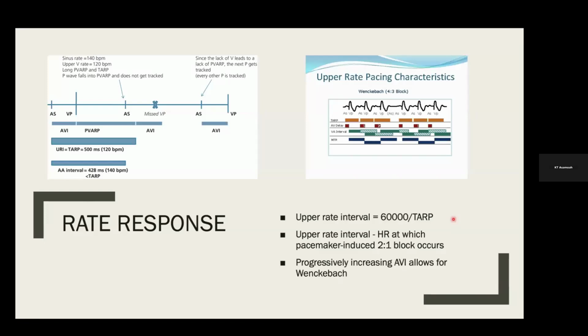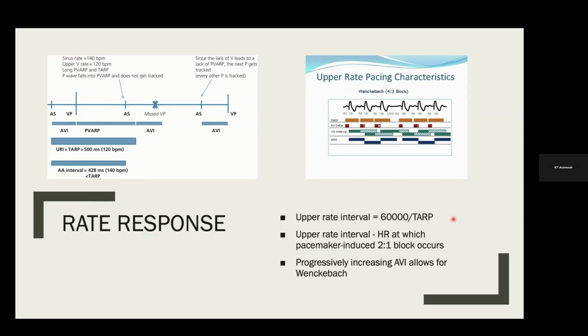Now, when you have the pacemaker set, you remember there was the total atrial refractory period, otherwise called the TARP. What happens is that when you have a patient who is at rest, it's really not a problem. But when you have a patient who is active and therefore the atrial rate is higher, the interval between the P waves tends to shorten because it's coming at a faster rate.